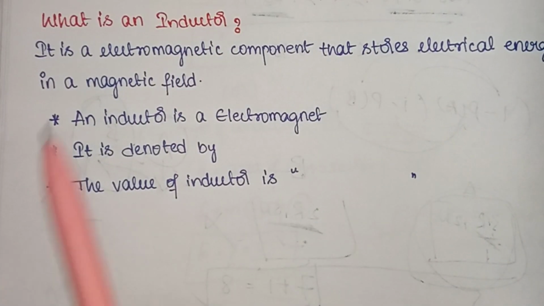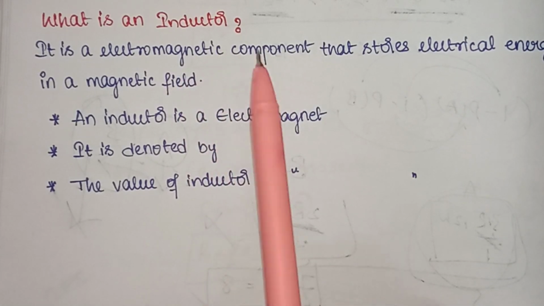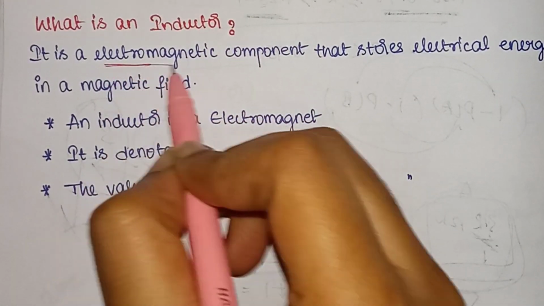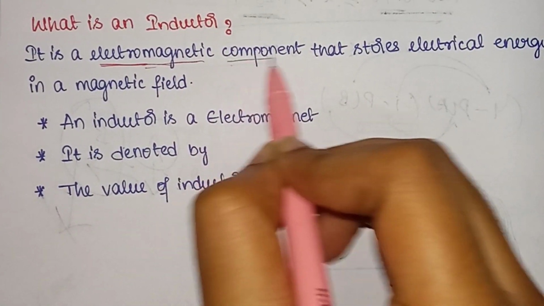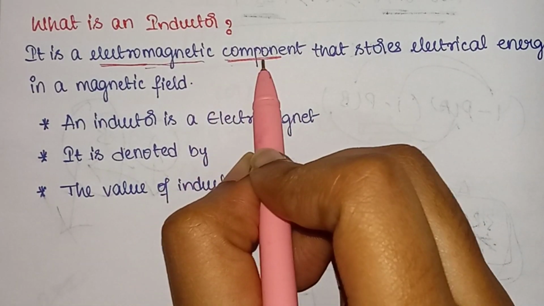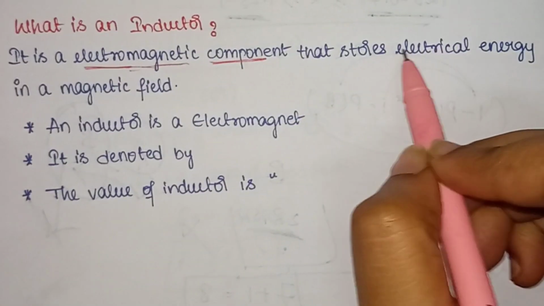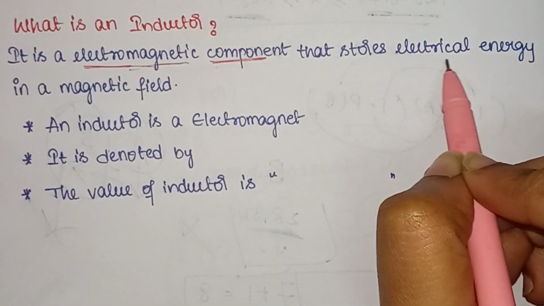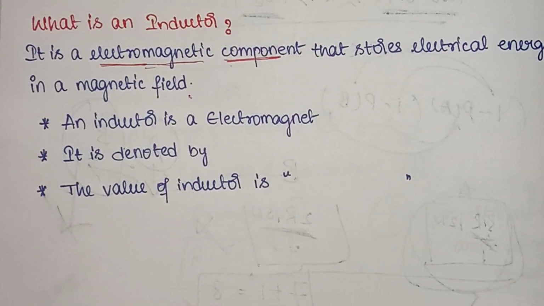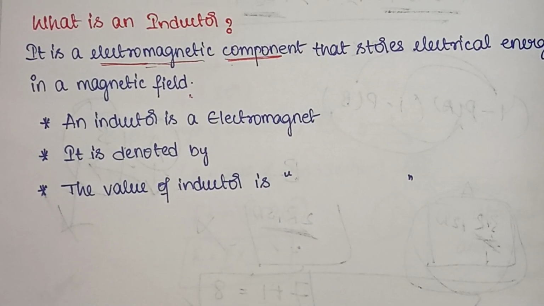So what is an inductor? It is an electromagnetic component. This you need to remember. If they ask you what is an inductor, you need to tell that it is an electromagnetic component that stores electrical energy in a magnetic field. That is called an inductor.